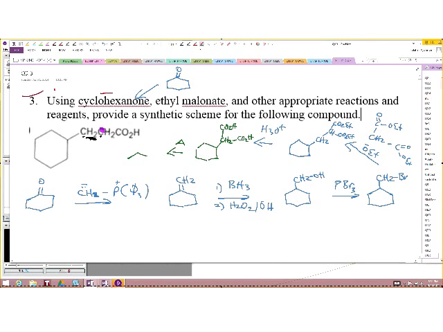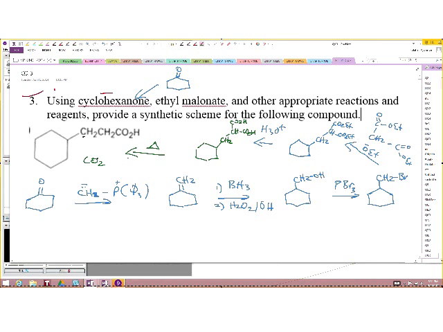Wait a minute, I'm missing a carbon here. Sorry about that. Okay, and then once you apply heat, you get your product, plus carbon dioxide.